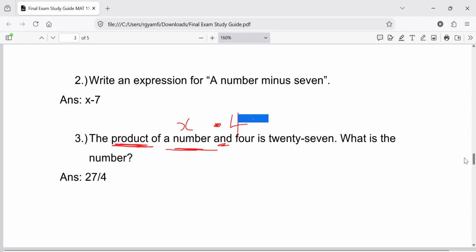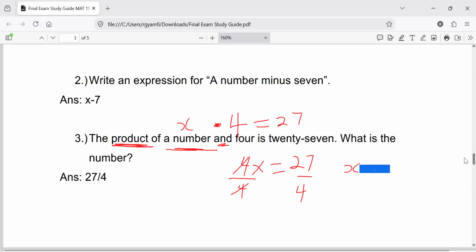So x times 4, which is 4x, is equal to 27. Divide by 4, divide by 4, x equals 27 over 4. Here it tells you to solve it: what is that number? And that is exactly what I have done here.